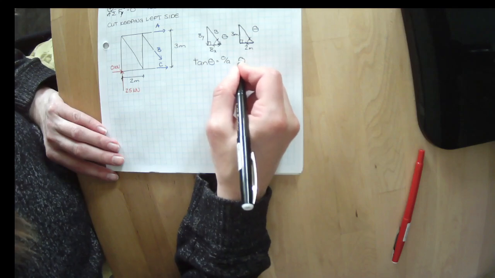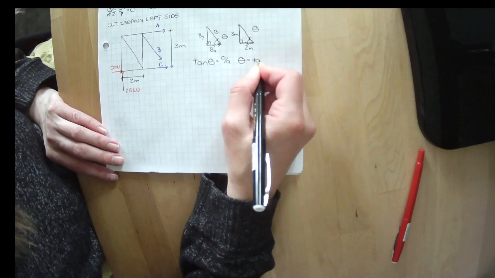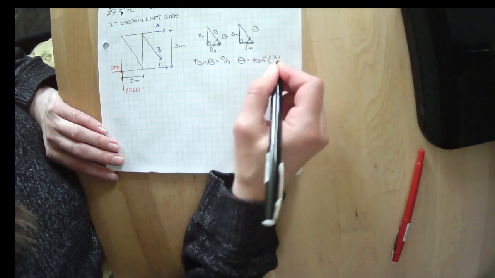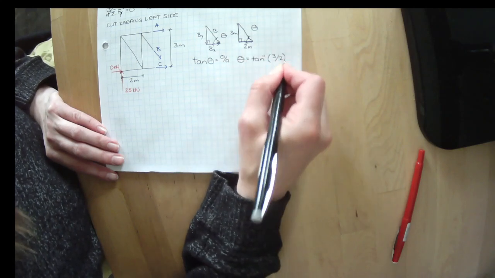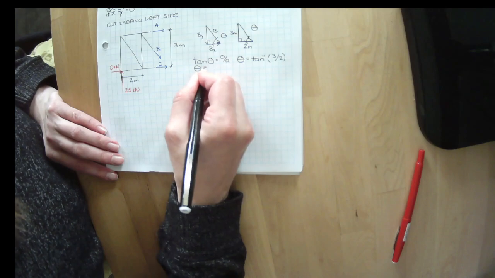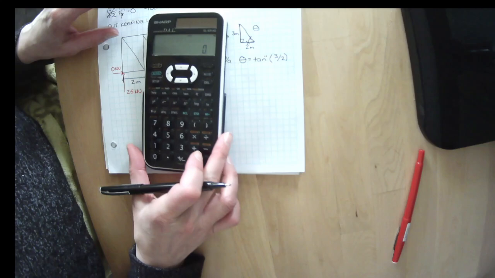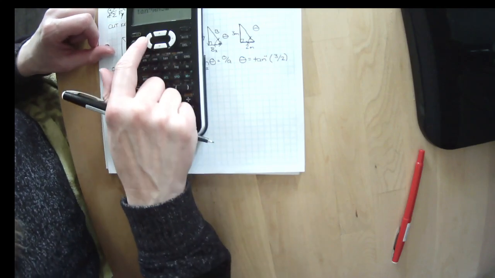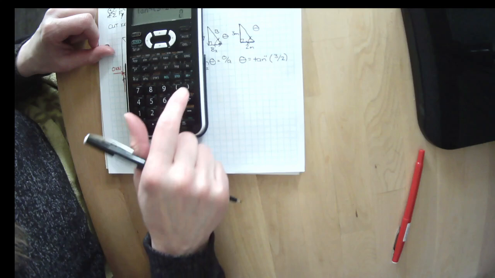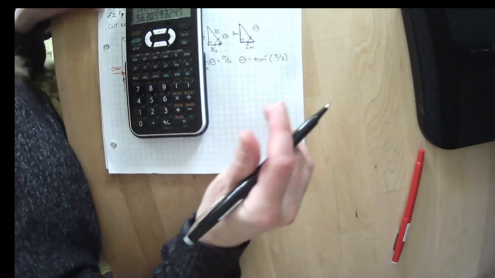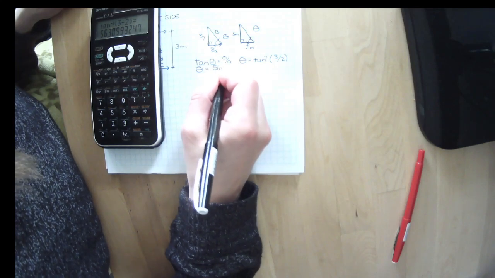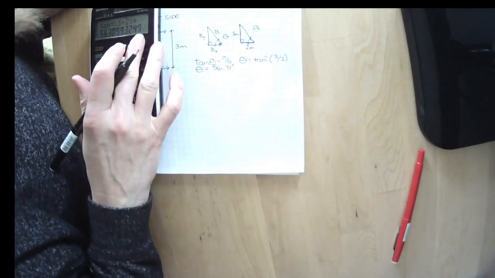Or our angle that we're looking for is the inverse tangent of opposite, which is 3 meters, divided by our adjacent side, which is 2 meters. I'm going to check that my calculator's in degrees. It is. I'm going to use the inverse tangent of 3 divided by 2, and I get an angle of 56.31 degrees.